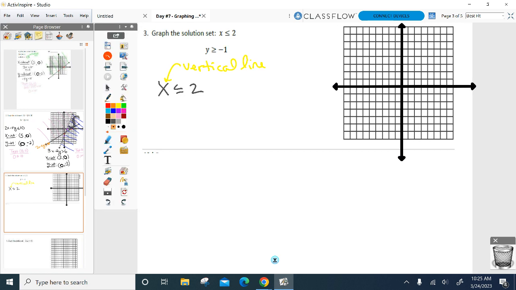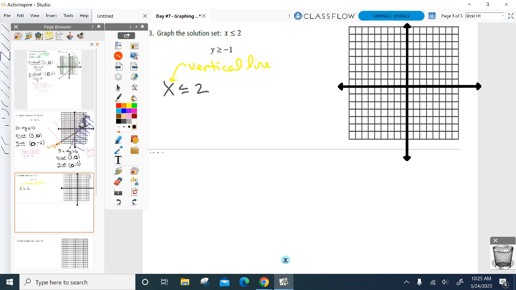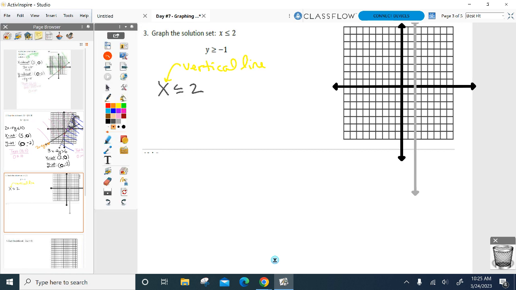And is it going to be solid or dashed? Solid. Yeah, those rules don't change. It's going to be a solid line going through 2. Vertical line. There it is. And the shading rule doesn't change either. So you can still test 0, 0.